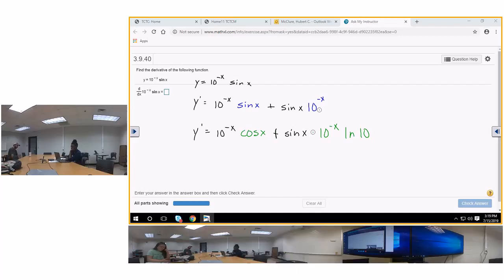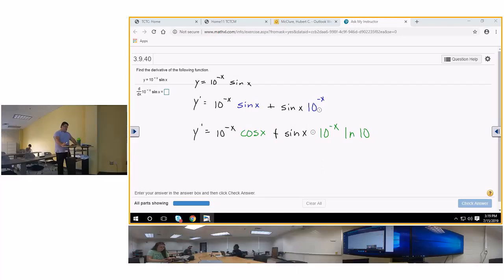Negative x, I think the only thing you can do is maybe put the natural log. You could factor out a 10 to the negative x, but that's about it. What else could you do? Somebody tell me what else you could do.